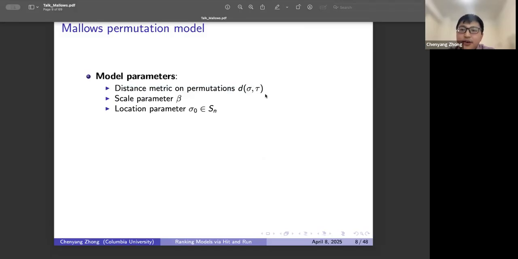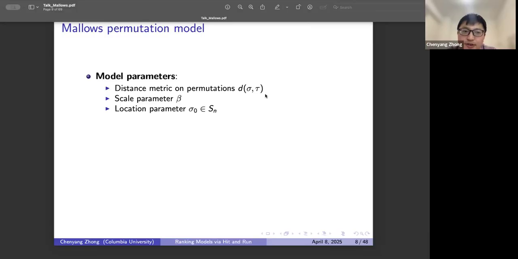This distance metric gives a way to measure the closeness between two permutations. Since the space of permutations is a discrete space with n factorial elements, we need some care in designing those distance metrics. I'm going to show several examples of such distance metrics in the next slide.